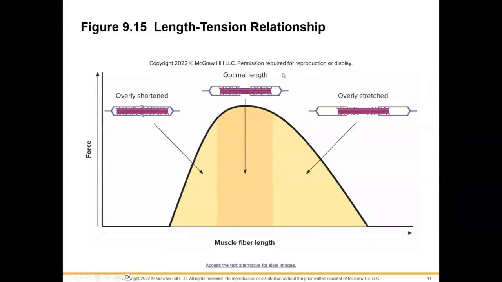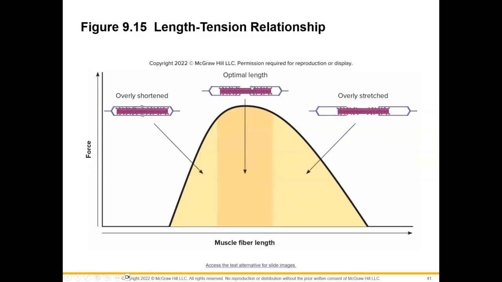Okay, so here's what you want. This is the optimal length. So you want to be able to bring these thin fibers, or filaments, I should say, this would be, again, the actin filaments, and we're wanting to pull those actin filaments, thin filaments, towards each other. And that's being done by these myosin heads.